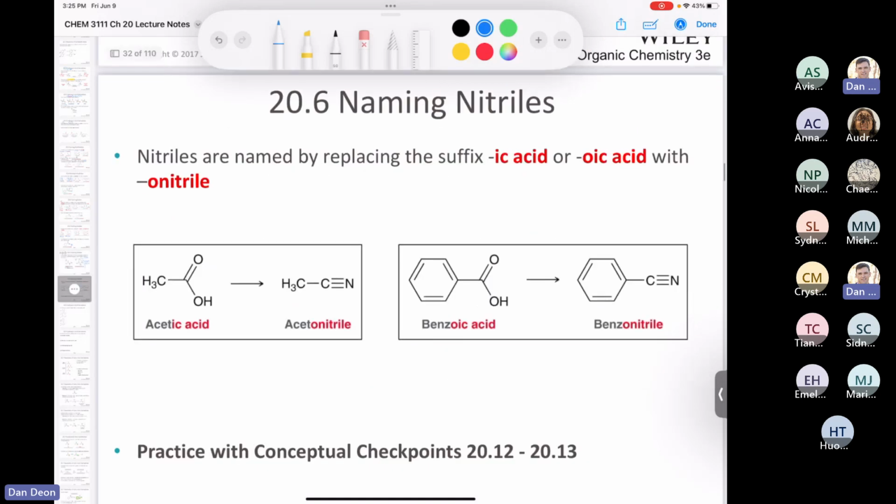So going back to the nitrile thing, if you have a nitrile, you replace ic acid or oic acid with o-nitrile. So acetic acid becomes acetonitrile, and this is a very commonly used solvent. So this would be ethanoic acid, and this becomes ethanonitrile.